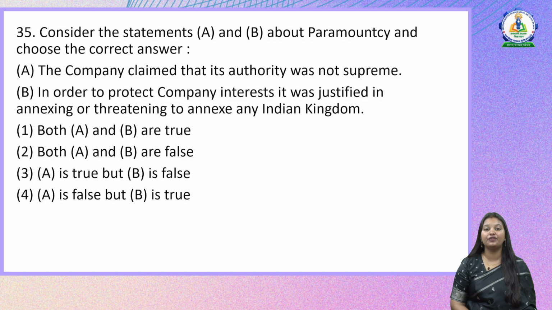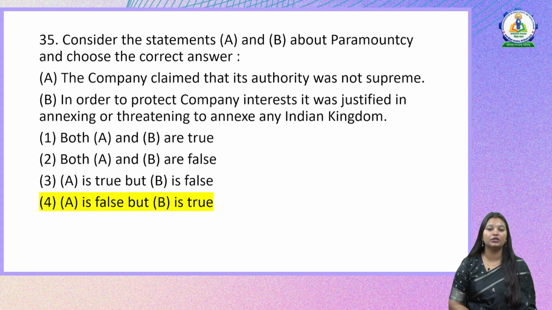So if you see, the first statement is wrong, it is actually the opposite. The second is true. So the right answer will be option 4, that is A is false but statement B is true. The company was interested in a kingdom, so to protect the company's interest, it could annex or threaten to annex any Indian kingdom.